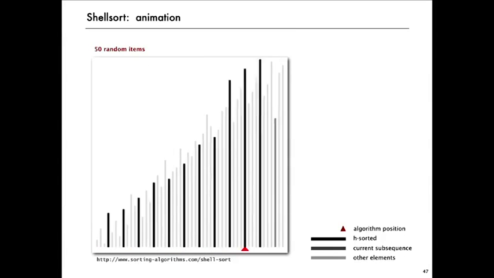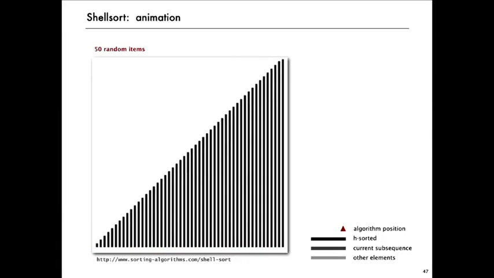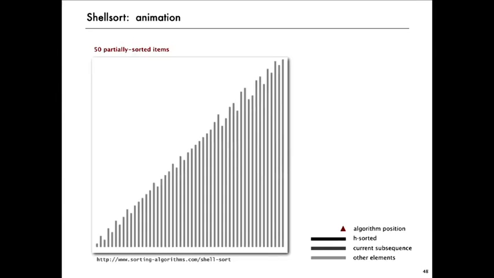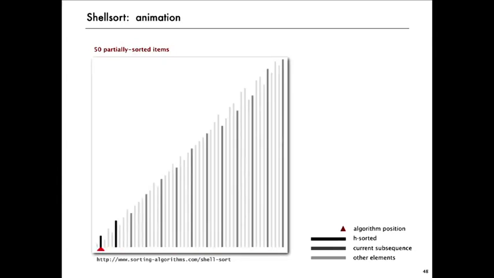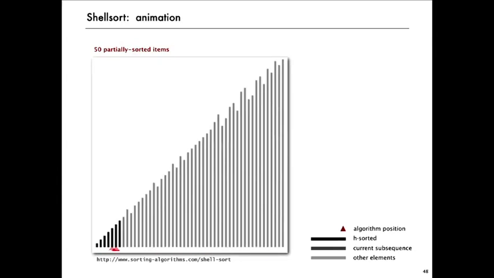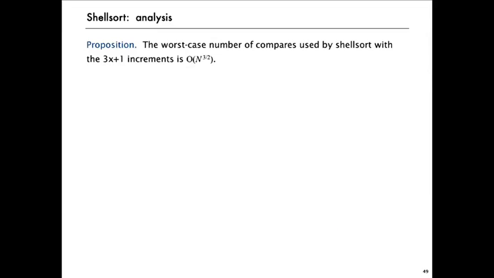It gives a little better feeling for what's going on. Now it did the high ones pretty quickly, and now it's doing the 1-sort. And again, it zips through the array pretty quickly. If it's partially sorted, it doesn't make much difference. It does the higher order sorts a little bit faster. But that's a simple to implement and very efficient sorting algorithm.